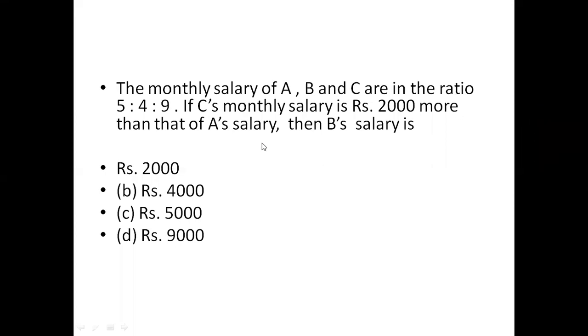If the monthly salaries of A, B, C are in the ratio 5:4:9, as I told you already, if you can see numbers in ratio, please take one common factor x for the ratio. Whether two numbers in ratio or four or five or any numbers, whenever you see numbers in ratio, just take out one common factor.